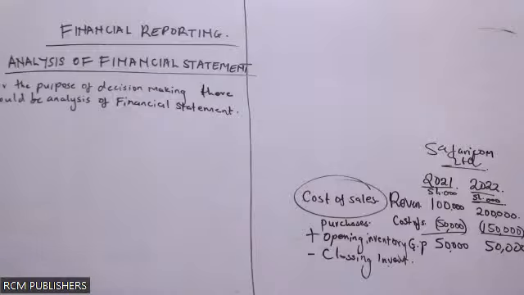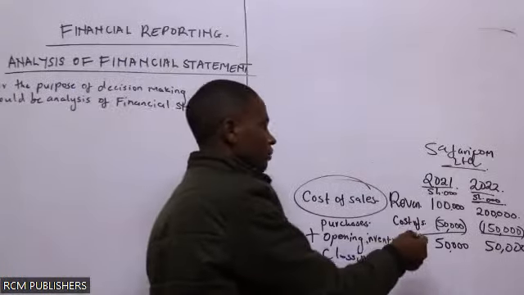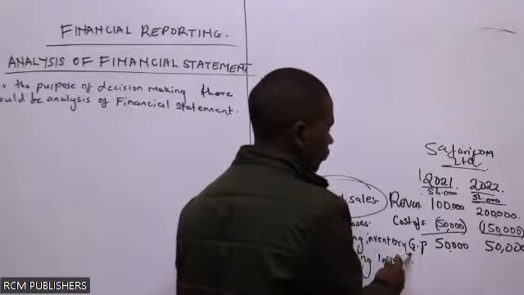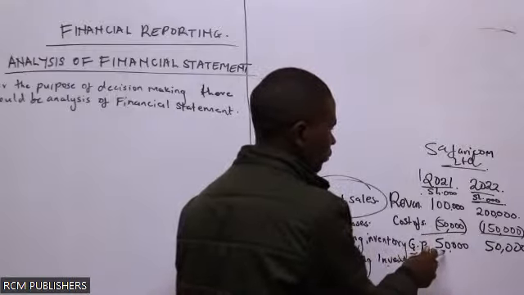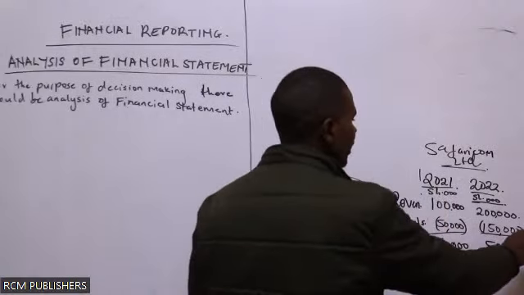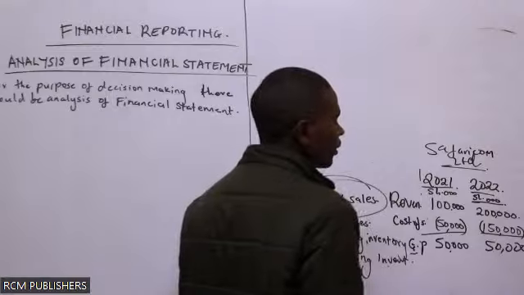So anytime we want to make a decision, for instance, now you can advise this company. You tell them that you're getting a gross profit in the year 2022 similar to the year 2021 because you had higher cost of sale.